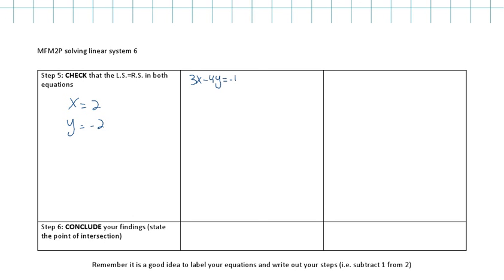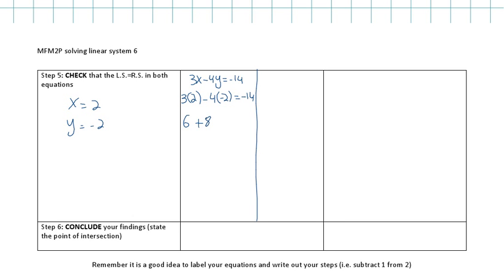So I'm going to replace x with 2 and y with negative 2. Three times 2 is 6. What happens with negative 4 times negative 2? Becomes positive 8, right? 4 times 2 is 8.